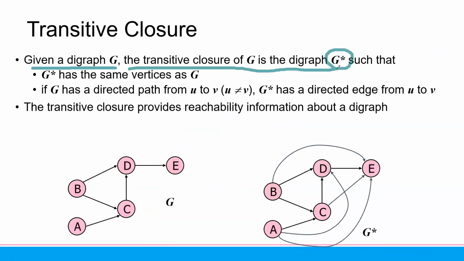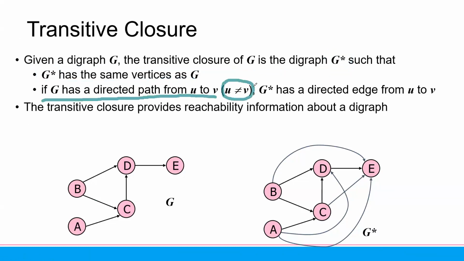G star means a new graph such that G star has the same vertices as G. So the number of vertices are the same. And then G has a directed path from U to V, where U is not equal to V, so it means there is no cycle.